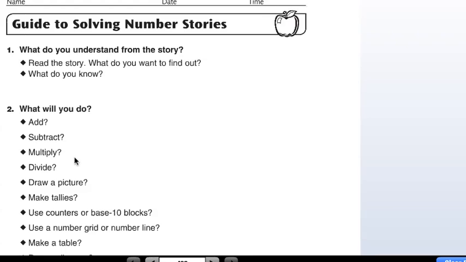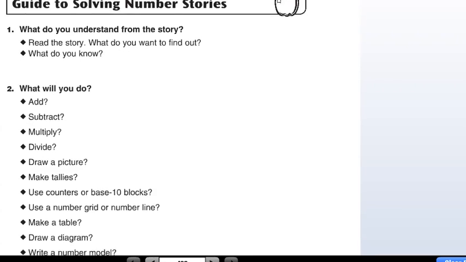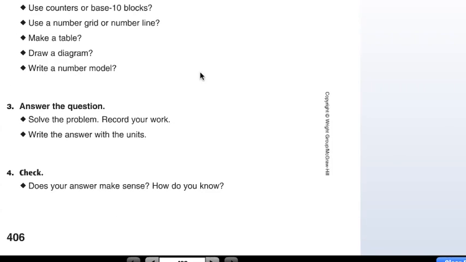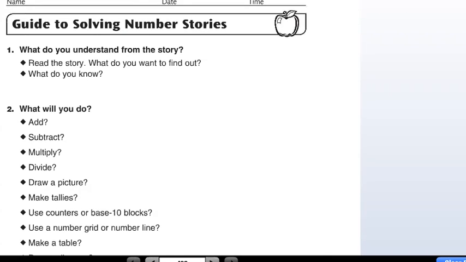Number 2 is, what are we going to do? What's our plan? Number 3 is we're going to answer the question, always showing our work. And number 4 is checking our work. Does it make sense, and how do we know? Okay, so we will refer back to this when we are working on our problem.